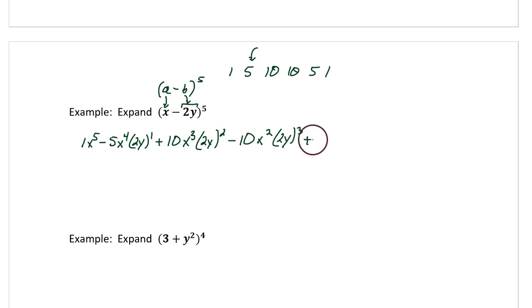Then it switches to a plus, and we're back to a coefficient of 5. And it's x to the 1, and then 2y to the fourth. Now the sign switches to a minus, and our coefficient is 1, then x to the 0, which I'm not even going to write, and 2y to the fifth power.